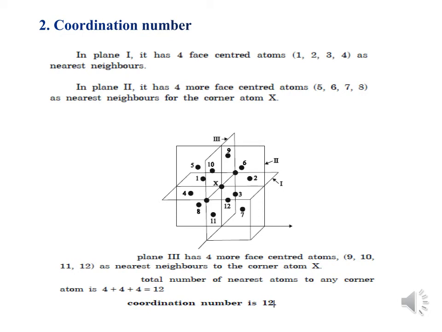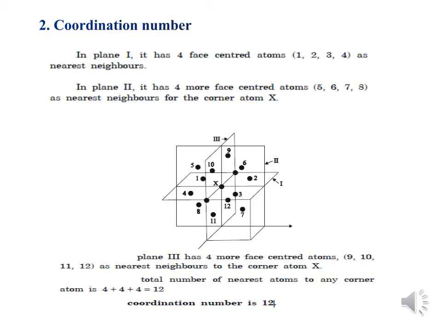Second characteristic, coordination number for FCC. You see this diagram. In FCC structure, there are 8 corner atoms and 6 face-centered atoms, 6 faces, one at the center of each face of the unit cell.